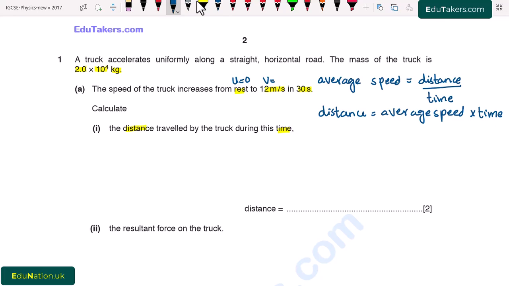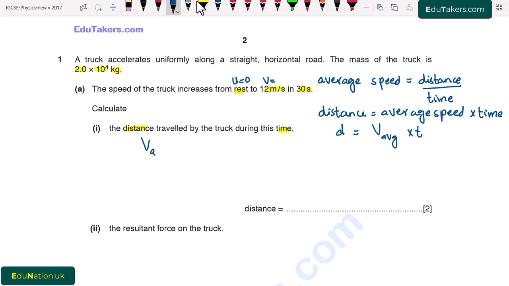So first of all we have to find out the value of average speed. I mention it in symbolic form: D is equal to V average multiplied by time. Here we first have to find out the value of V average.